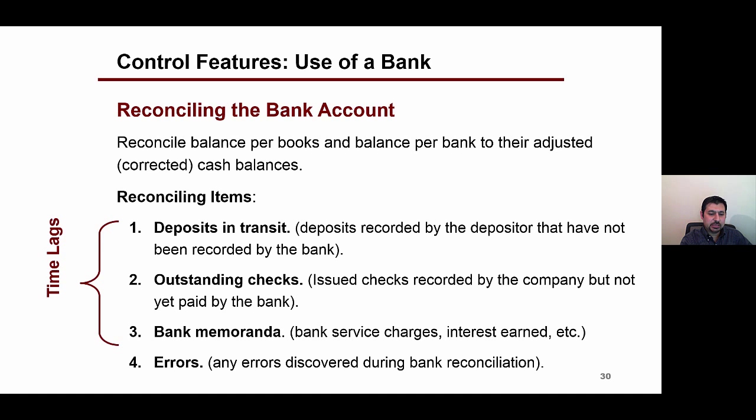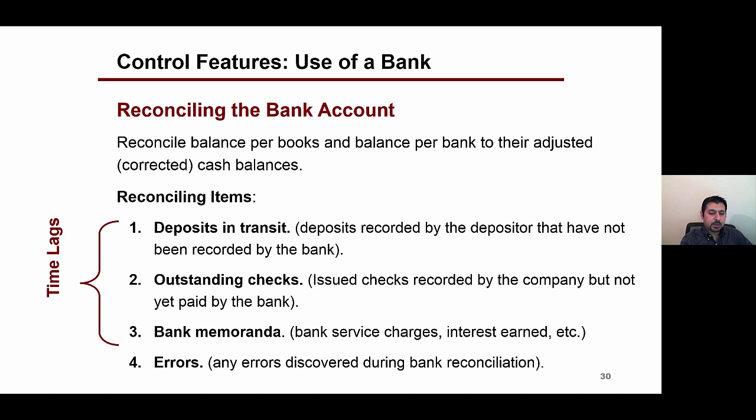Usually it takes a while from the time the company issues the checks until the check is sent and received by the supplier. The supplier will then deposit them at their bank, which will try to clear them with the company's bank. So during this time, the company would have already recorded the payment, but the bank would still not have paid that amount yet.